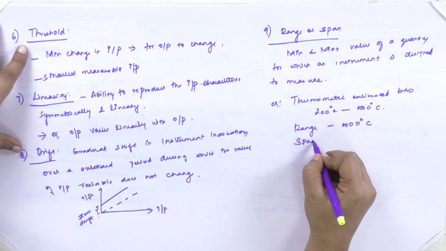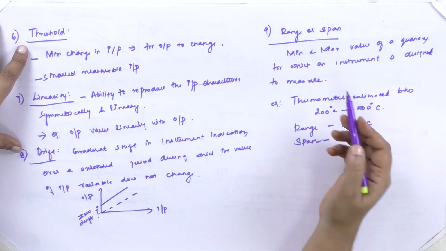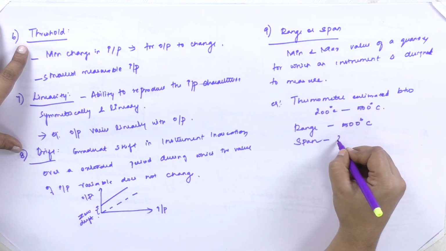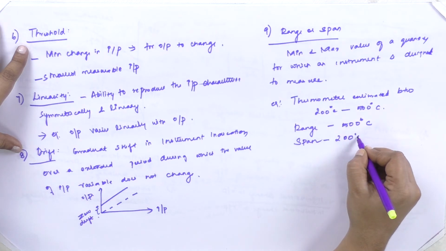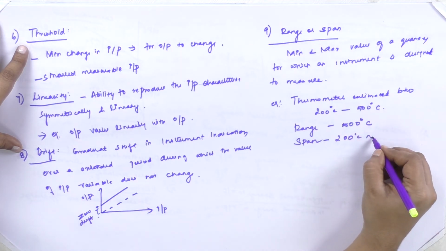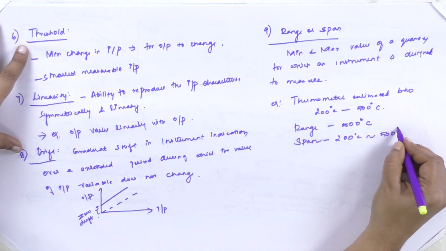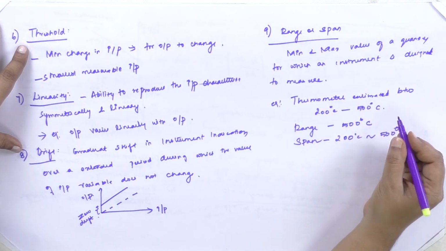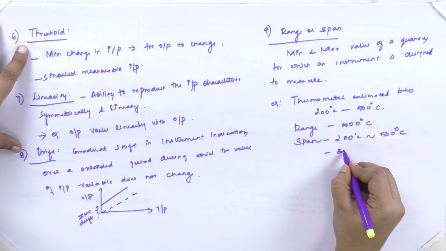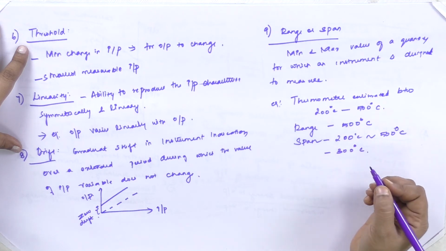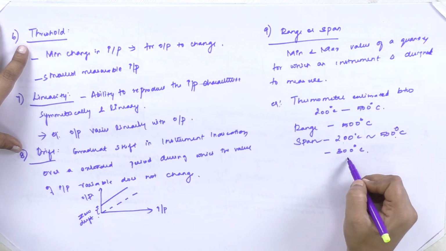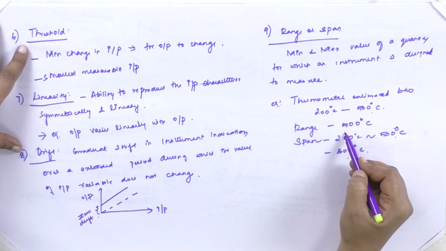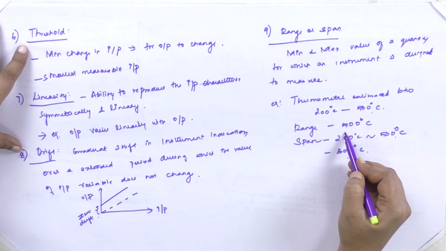What about the span of the thermometer, which is the difference between the minimum and the maximum value? The minimum value is 200 degrees Celsius and the maximum value is 500 degrees Celsius. So, the difference between these two gives the span of the thermometer, which is 300 degrees Celsius. The difference between the minimum and maximum value gives the span and the maximum value gives the range of the instrument.